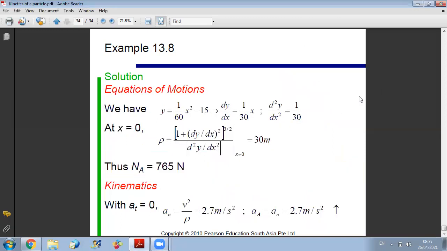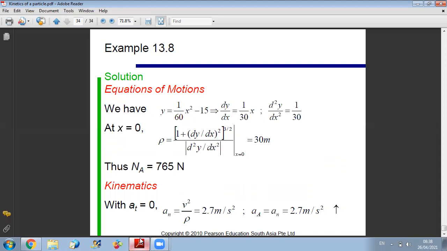As you can see here, we have the expressions for the first and second derivative. We find the value of rho at A, and then we can replace rho in the first equation, sum of Fn equals m an, to get the value of the normal. Now, they asked for the normal and for the acceleration.